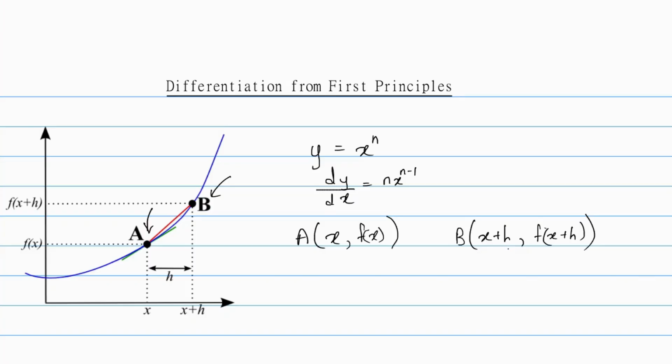So if we want to find the gradient at A, let us instead first consider the gradient of this red line connecting the two points. For any given straight line, we know that the gradient, if we denote it as m, is equal to y2 minus y1 over x2 minus x1.